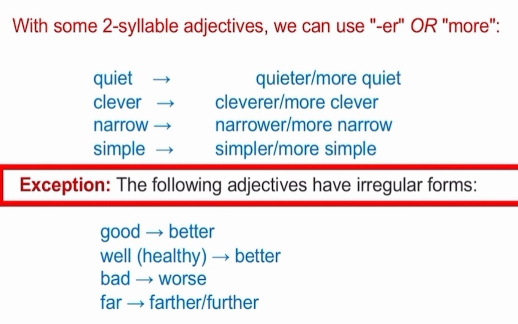Far, there's 2 ways. You say farther or further. Okay, so there's 2 ways. So these are the irregular forms of some adjectives. You have to remember them and use them in the right sentences or in the right comparative forms.